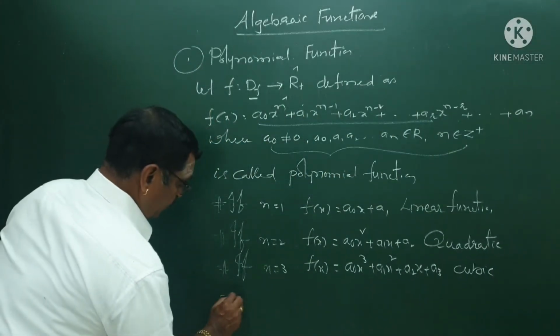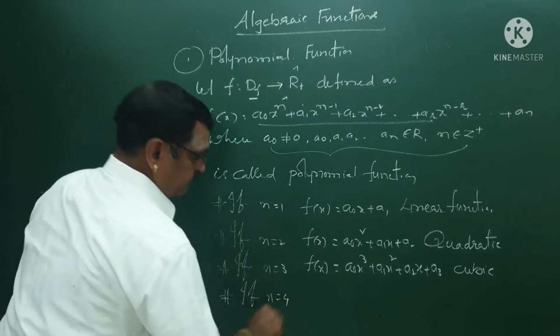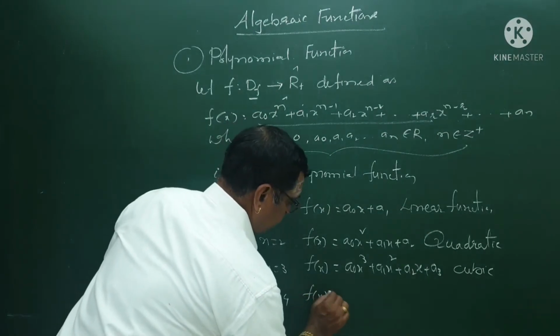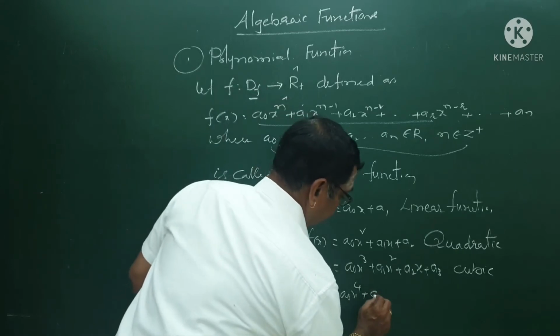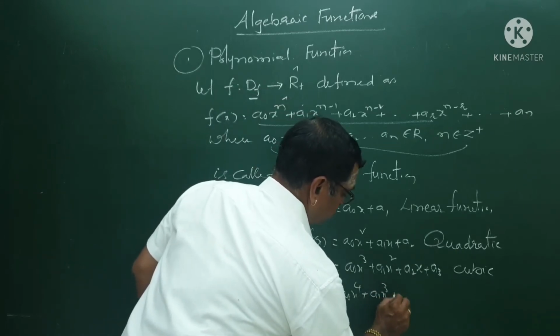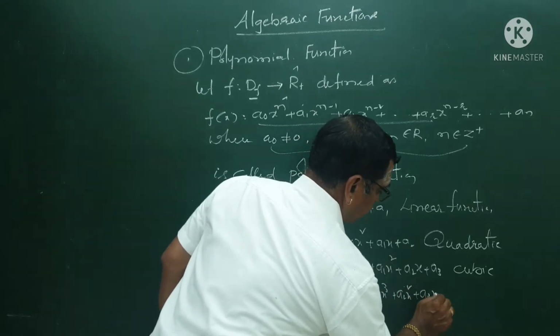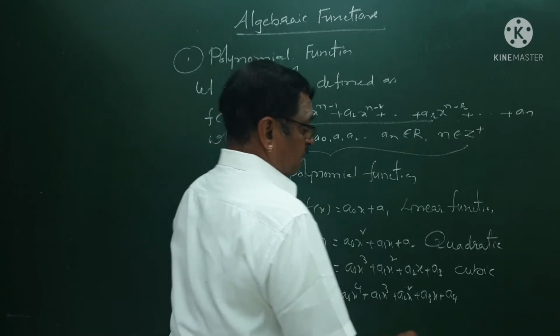And we have one more name. If n is equal to 4, my f of x will become a naught x to the power of 4 plus a1 x cubed plus a2 x square plus a3 x and a4, and this is called biquadratic function.